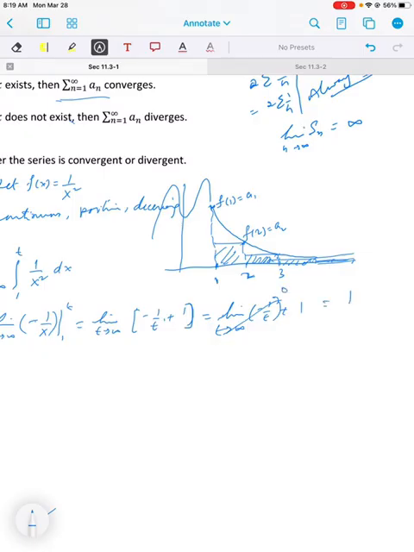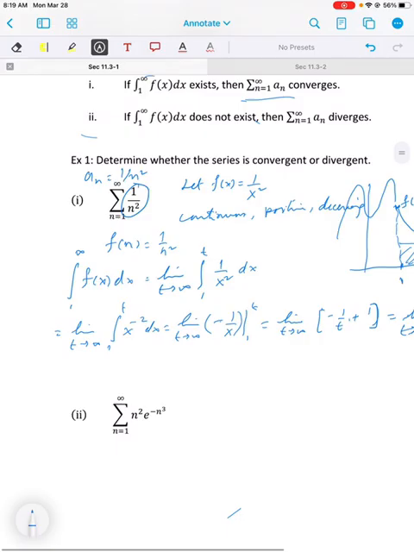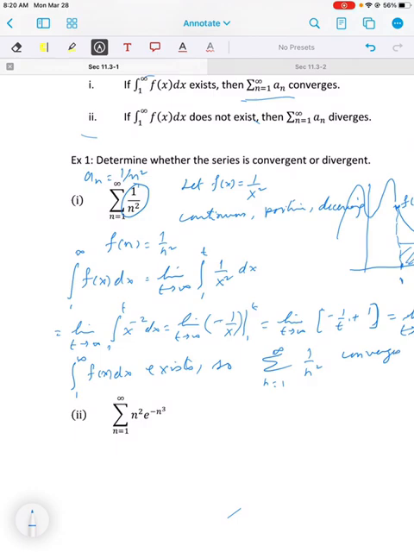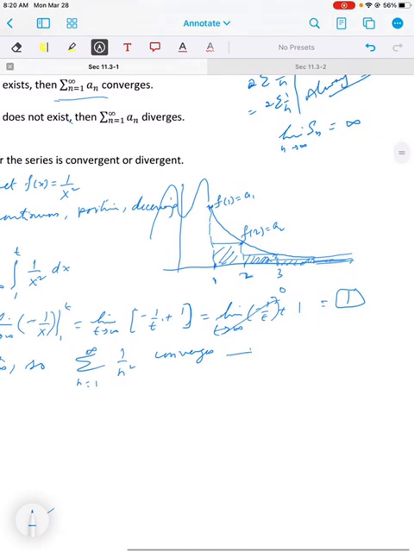Now this limit is 0, so we end up getting 1 as our answer. So what does that mean? It means since the integral from 1 to infinity of f of x dx exists, the summation from n equals 1 to infinity of 1 over n squared converges. And this is happening by the integral test.